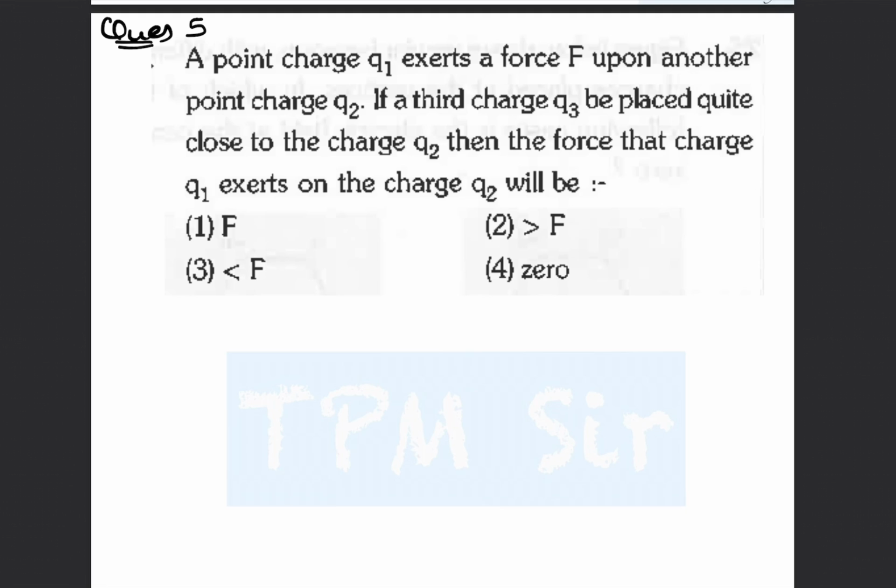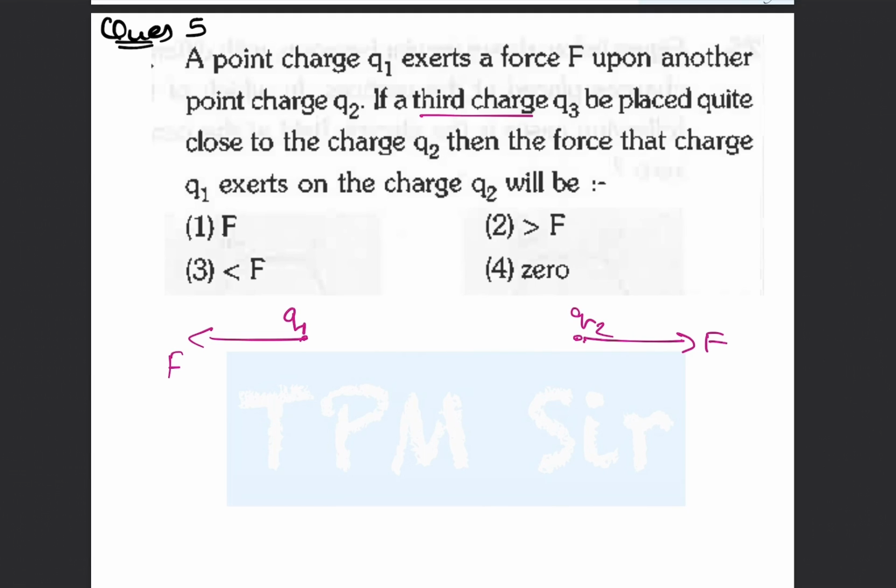It is simply based on Coulomb's law. It says that a charge q1 exerts a force on another charge q2 placed at some separation, and the force it exerts is F. Obviously, then Q2 will also exert the same force F on Q1. That's not a problem.